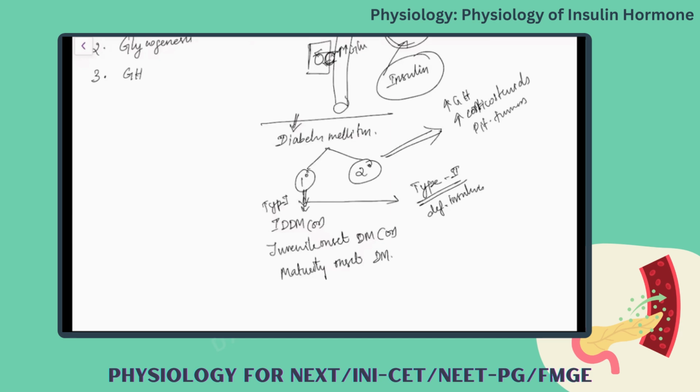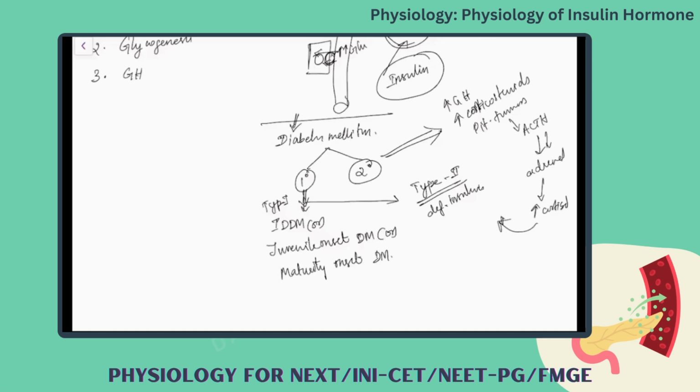Pituitary tumors, how will they increase the blood glucose level? Increase of ACTH, increased impulse to the adrenals, resulting in increased production of cortisol, finally leading to diabetes mellitus.